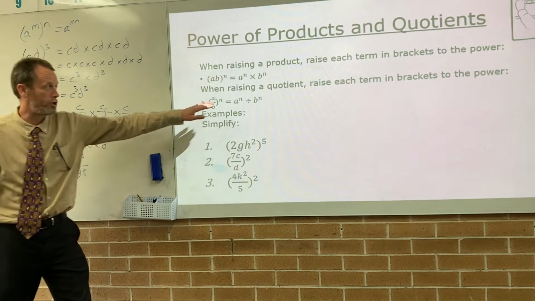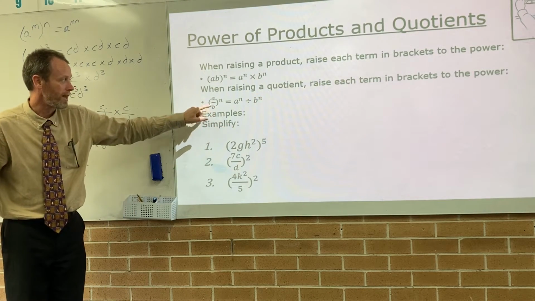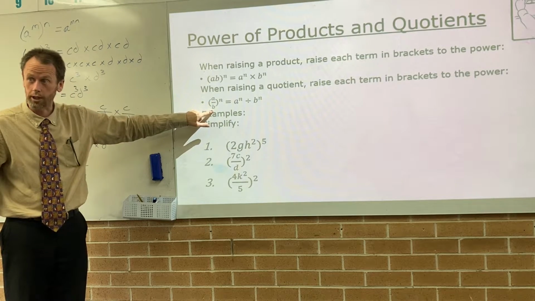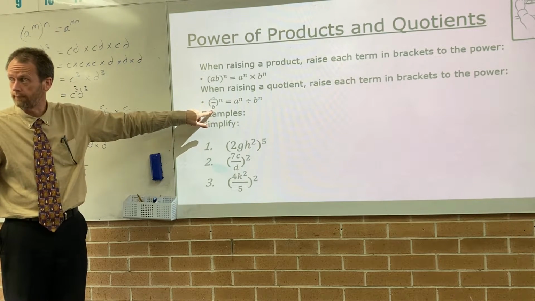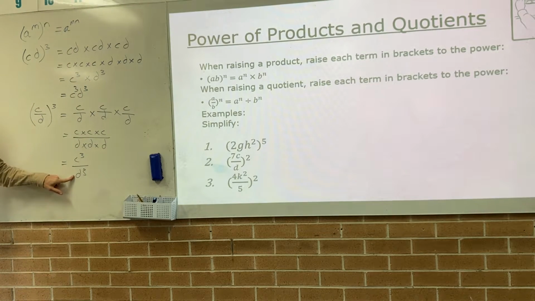So when it's a quotient or a division fraction like this, both terms need to be raised to the power. And so you could write it like that as well. C cubed over D cubed.